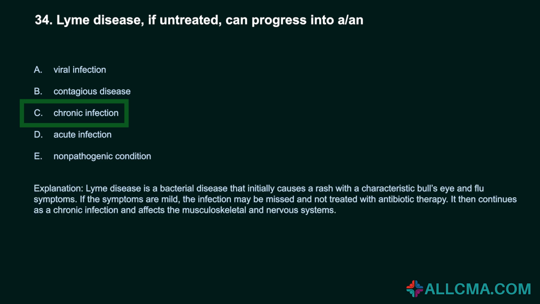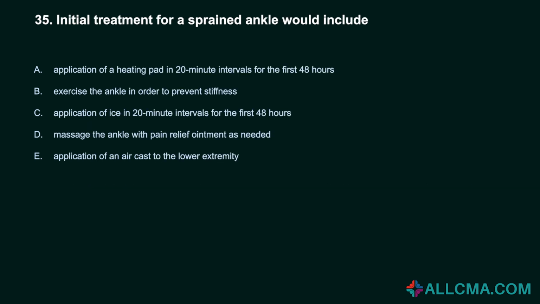Lyme disease is a bacterial disease that initially causes a rash with a characteristic bull's eye and flu symptoms. If the symptoms are mild, the infection may be missed and not treated with antibiotic therapy. It then continues as a chronic infection and affects the musculoskeletal and nervous systems.